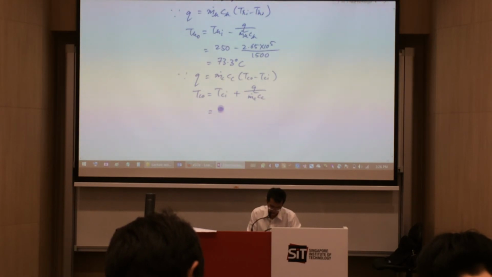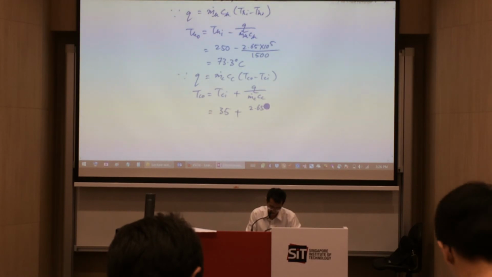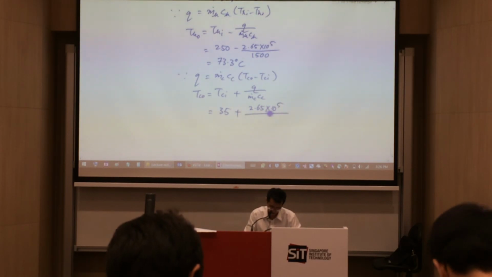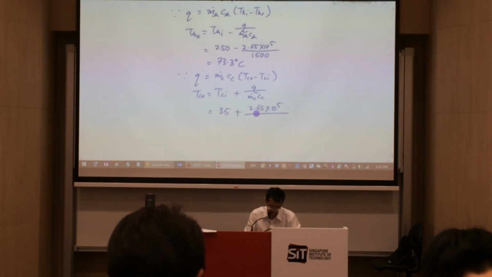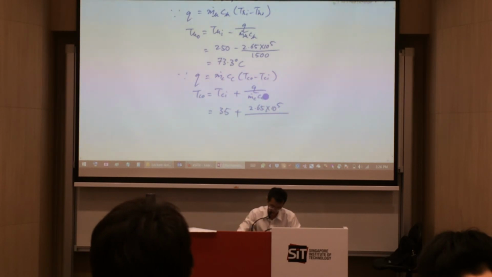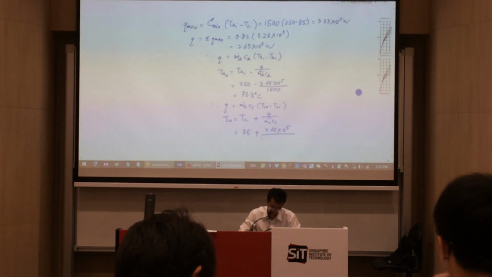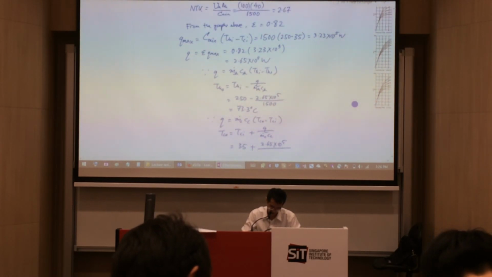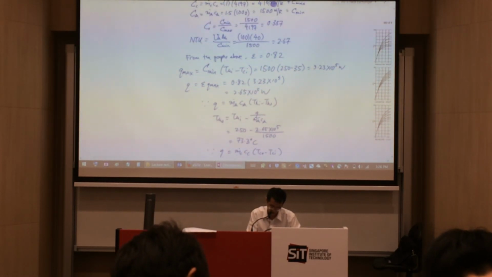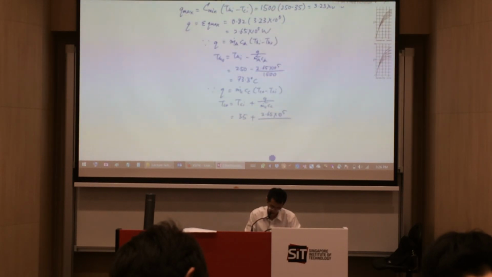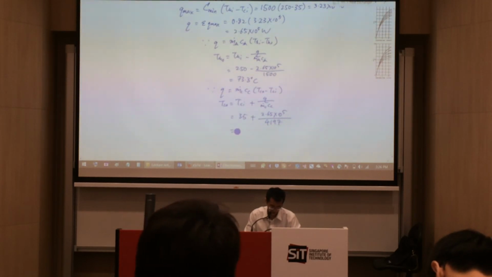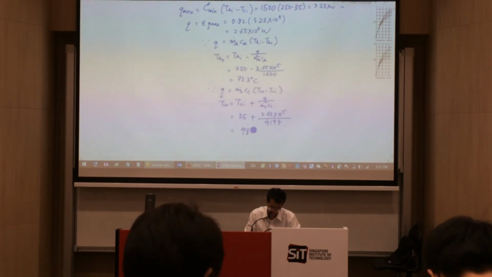That's equal to 35 plus 2.65 again, divided by your mass flow rate multiplied by your specific heat capacity for the cold fluid. And in fact, you had already solved that. That's right up here. Already solved that. That's right up here. So I'm gonna just write it in, 4197. Solve that one. That's 98.1 degrees Celsius.